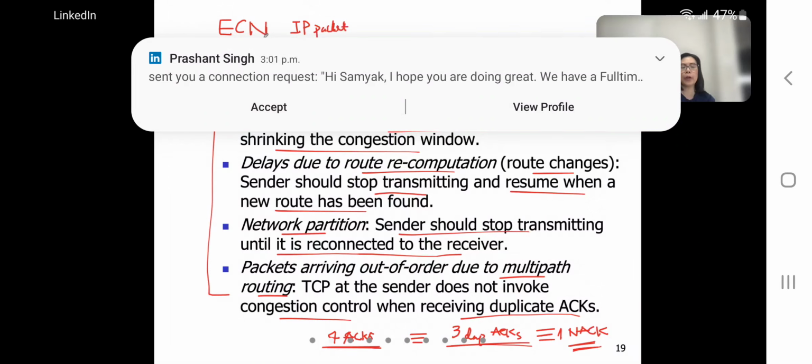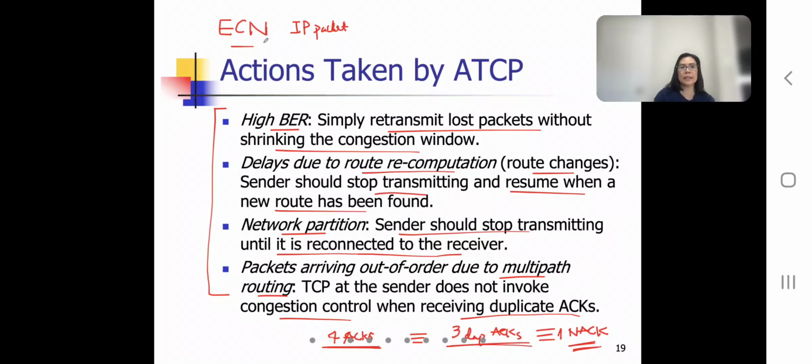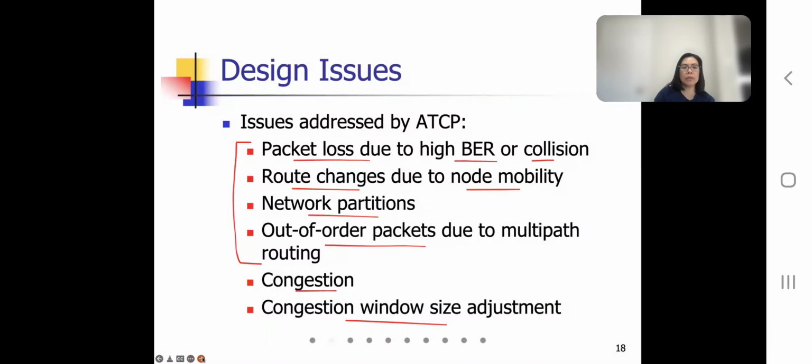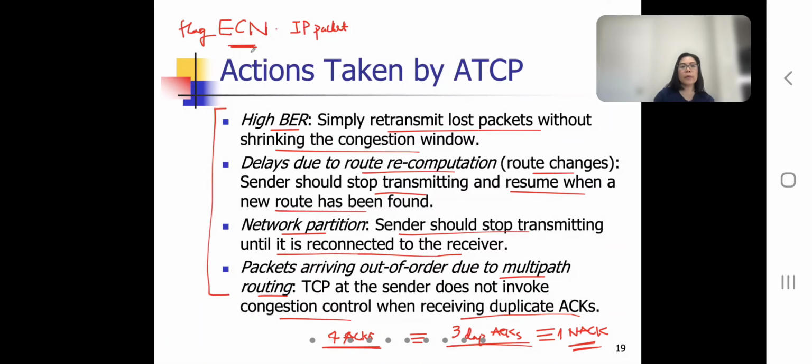So when a router experiences congestion, it will set this flag in the IP packet. And this flag indicates that the current router is experiencing congestion. And that's how TCP and ADCP know about congestion in the network. Okay, so that's for this case.